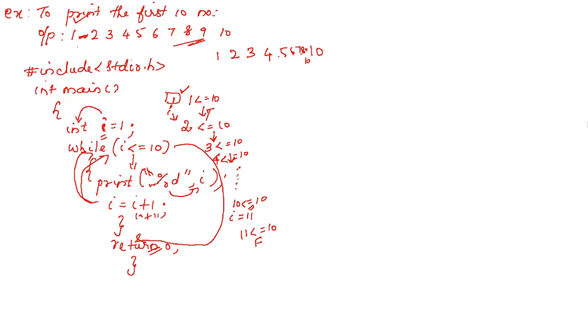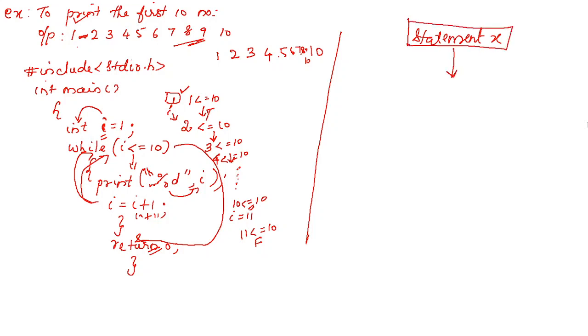Before going on to the do while loop, let me write the flowchart representation of your while loop. If I start with statement X, now I'll check the condition. So first the condition will be checked.